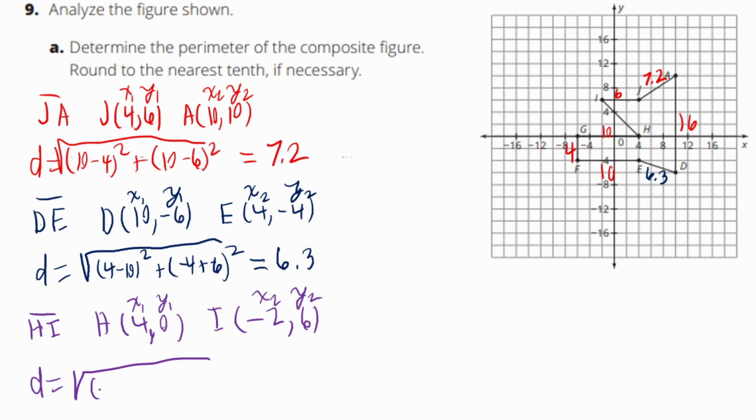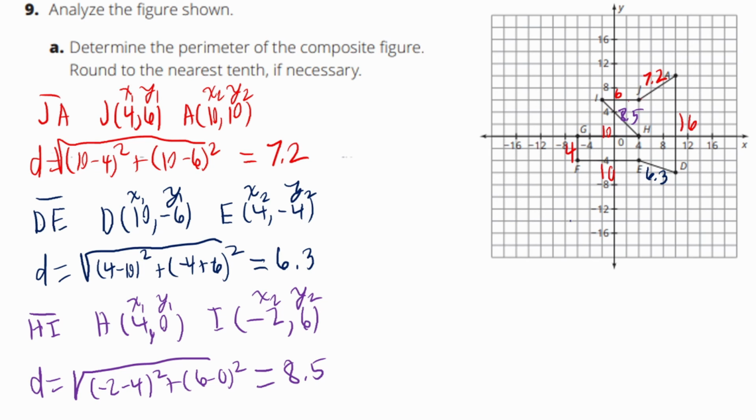So we plug this in, we get -2 minus 4 squared plus 6 minus 0 squared. When we put this in our Desmos calculator, -2 minus 4 squared plus 6 minus 0 squared. Enter. We get about 8.5. So now we know that this is 8.5.